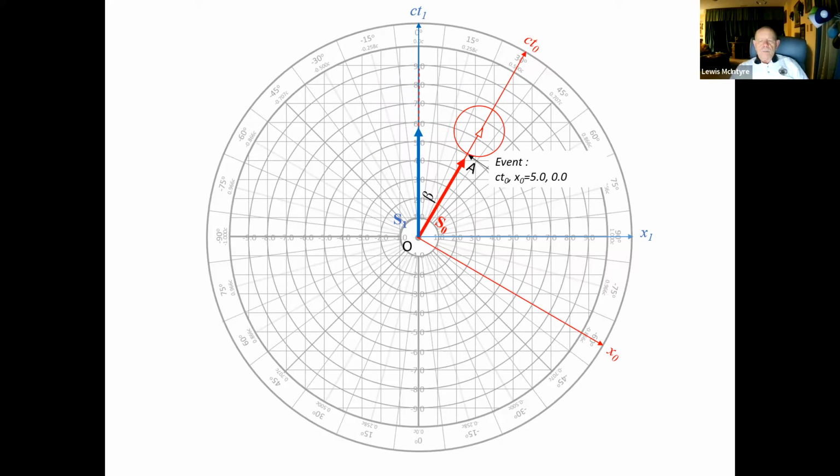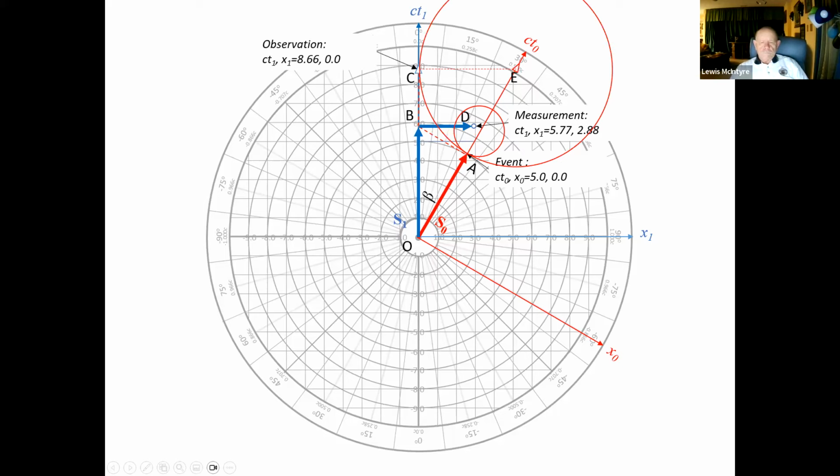After light is emitted from A, it propagates at the speed of light in all directions, remaining centered on its emitter, which is also propagating at the speed of light in its direction of time. Light continues expanding until it intercepts the observer at C. Similarly, light emitted from D at CT1 remains centered on its emitter, as that emitter propagates in its direction of time.